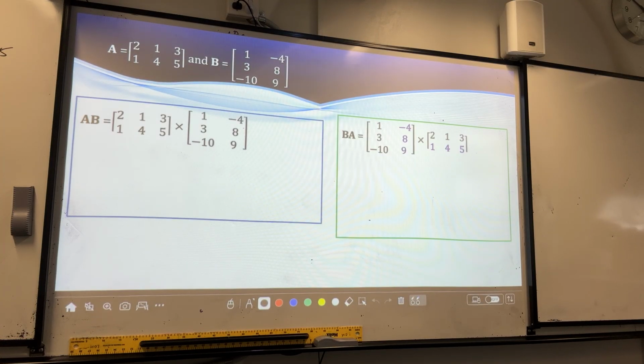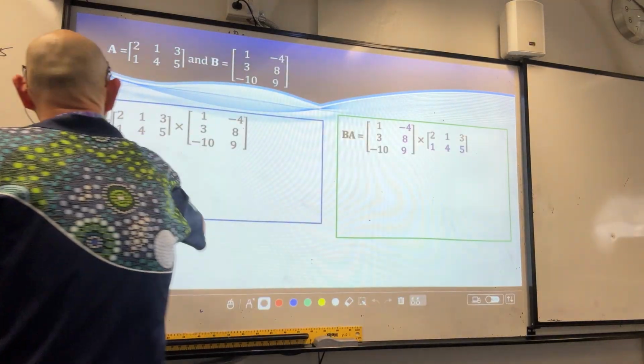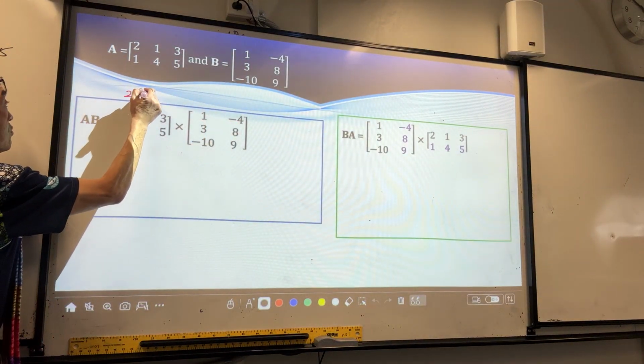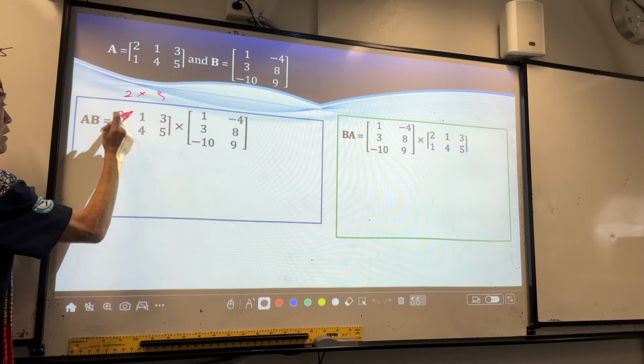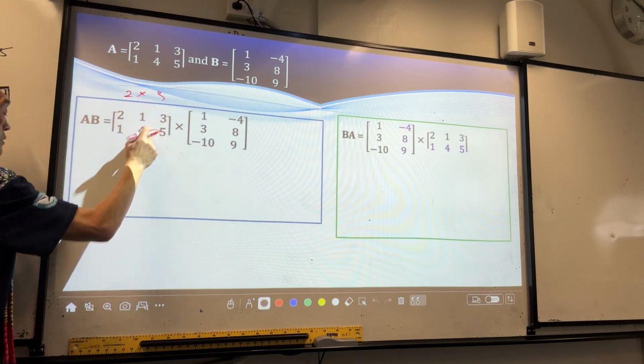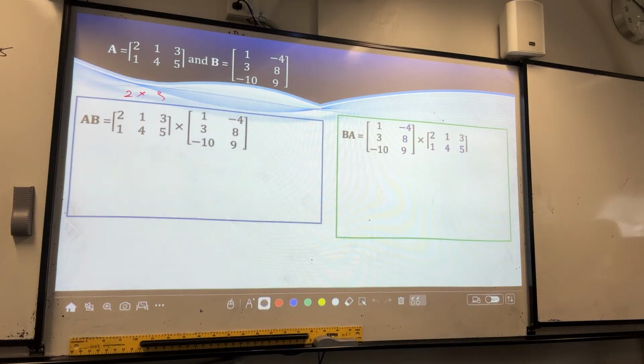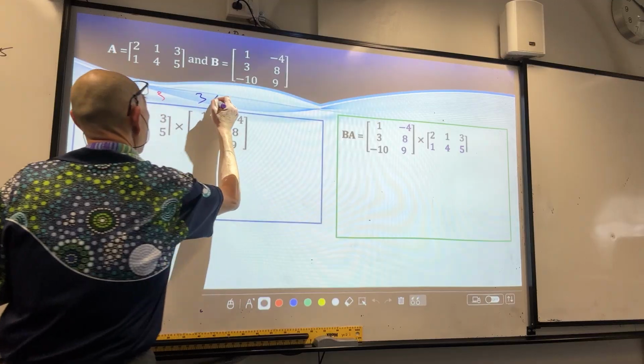Let's do some examples. Here, if I multiply A by B, I know this is a 2 by 3, correct? 2 rows, 3 columns. And this is a 3 by 2.